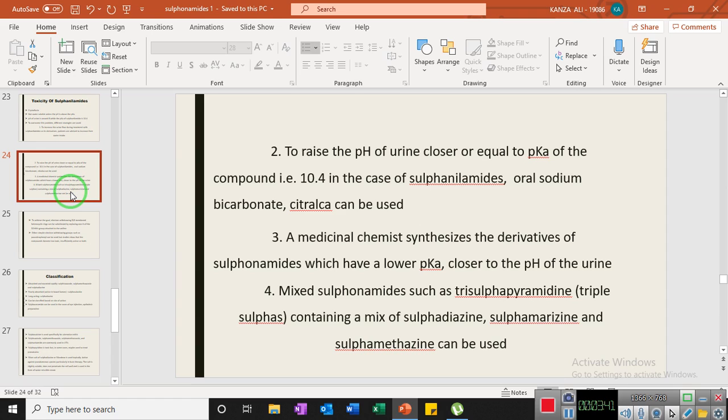For this, we use oral sodium bicarbonate, one of the commercially available compound or drug is the Citralka, which can be used for this purpose.